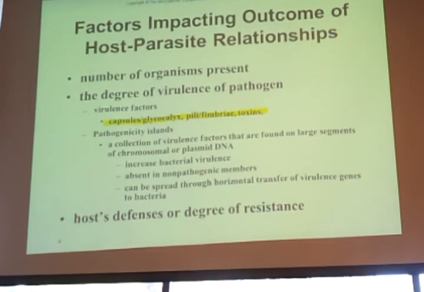Okay, so having a capsule gives it protection, and by the definition, virulence is what allows the pathogen to be able to cause disease. So having a glycocalyx that's large helps to protect the organism, that makes it more virulent.